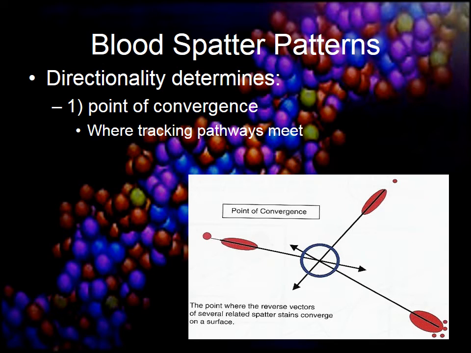Now, how far off this individual was from the floor, point of convergence doesn't necessarily tell you that, because you need to determine the angles, and that's what we do by looking at the same stain size and the satellite stains and all that information.